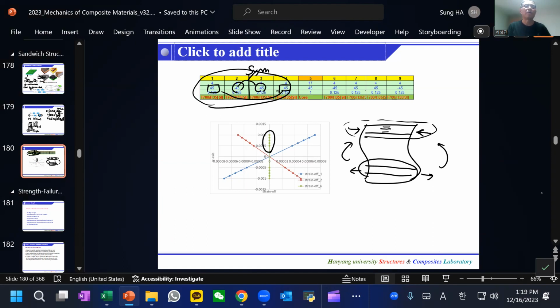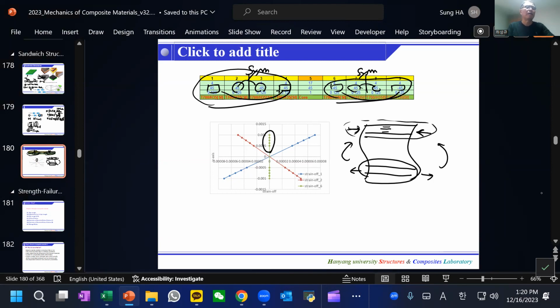Here is also a symmetric laminate with respect to this top laminate. As you can see here, this is symmetric. So in this case, under compression, no shear stress will occur.